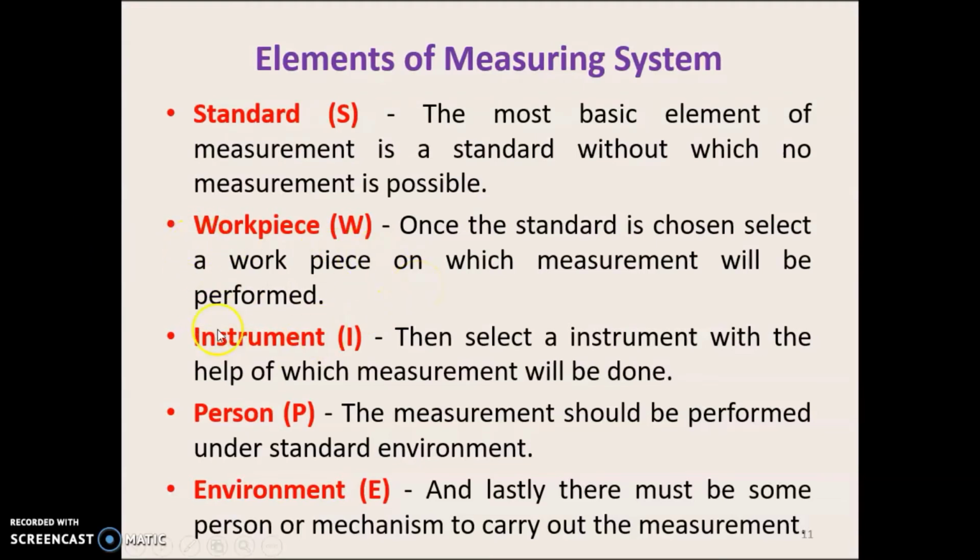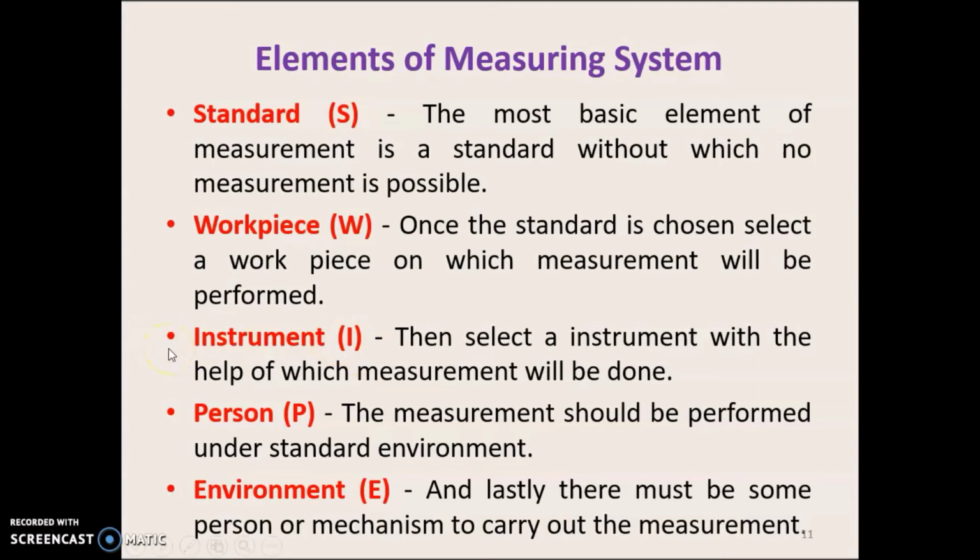The third element is the instrument. We have the standard, we have the workpiece, then we need some comparison process, right? This process is given by the instrument. We select an instrument with the help of which measurement will be done. We have a lot of instruments that can do the same job.